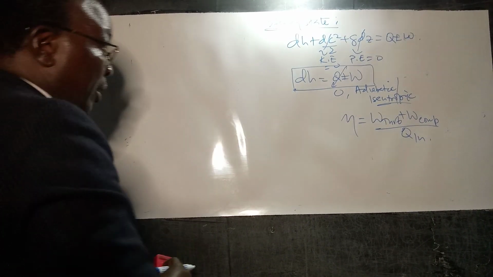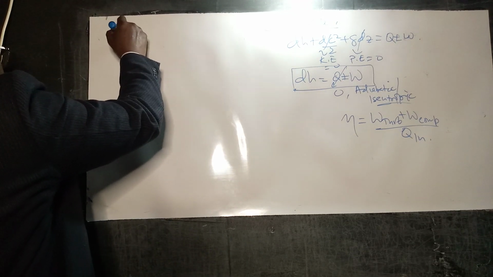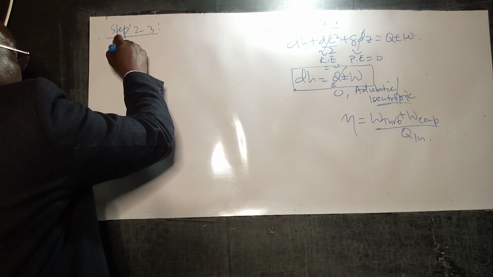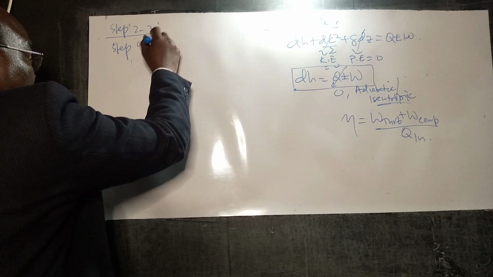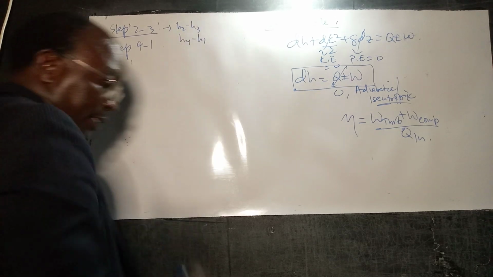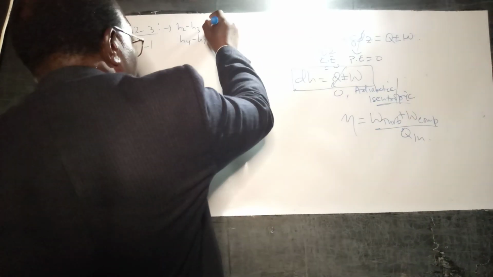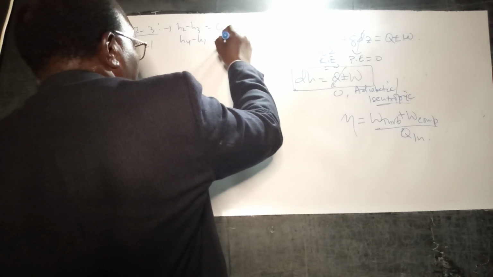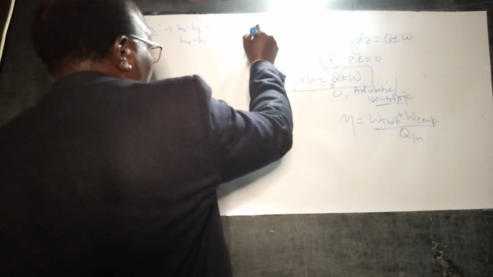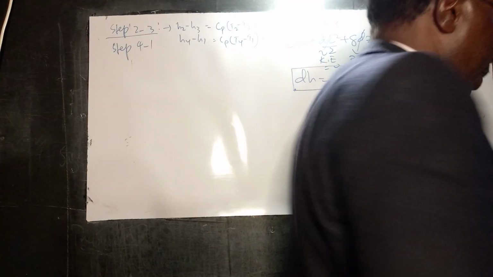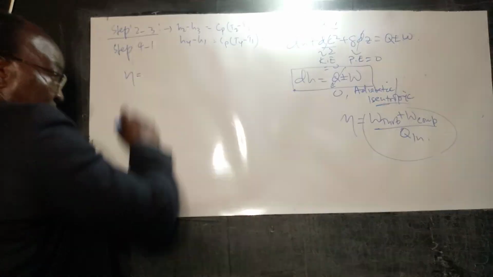Now, let's put in the quantities. Remember, for the other steps which we didn't go through, step 2 to 3 and step 4 to 1, it is still the same process: H2 minus H3, H4 minus H1. And of course, in terms of heat capacity, again we will have Cp into (T2 minus T3), Cp into (T4 minus T1). But we are focusing on those components where we're doing work. So this is the efficiency.